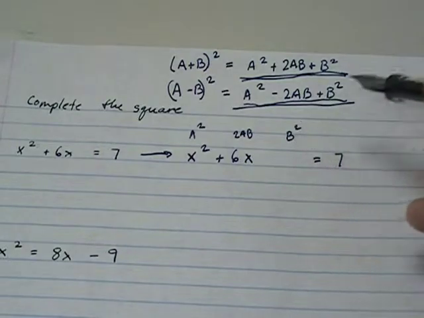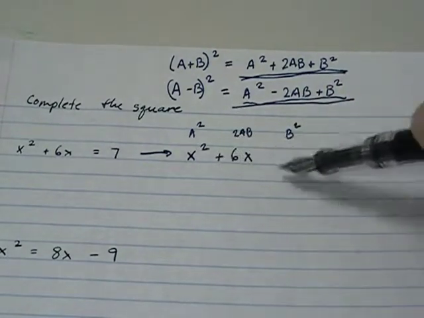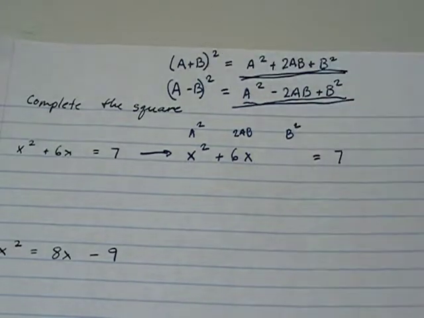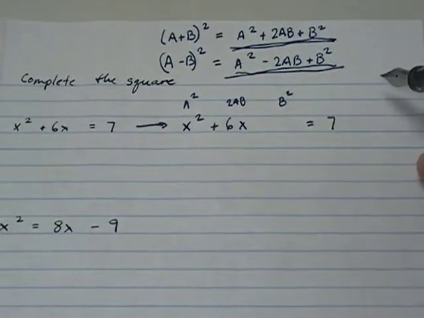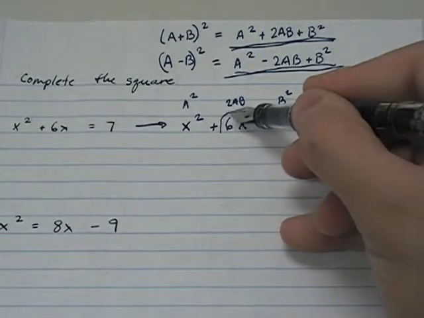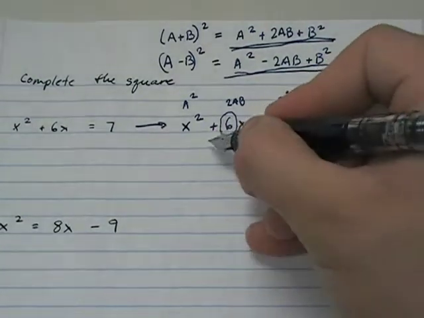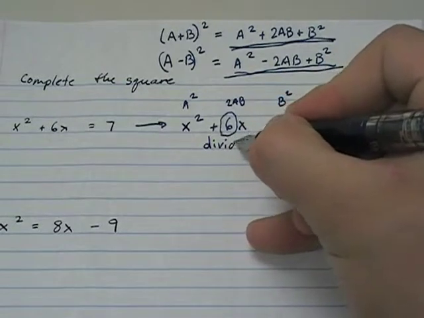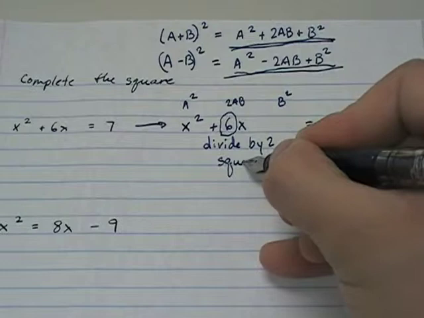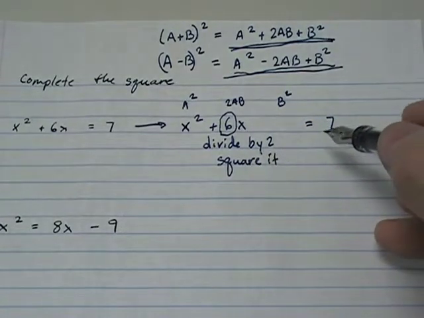I need to find what number makes this b squared so that I can turn this into that. Now, the simplest and easiest way to do this is to take your middle term, just the number, the coefficient, and you're always going to do two things to it. You're going to divide it by 2, and then you're going to square it.